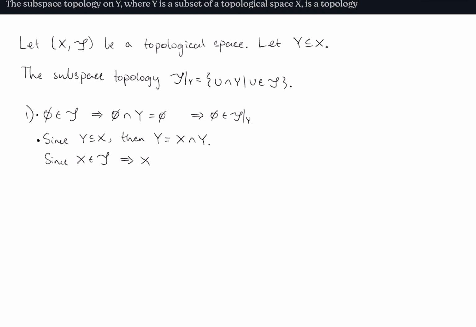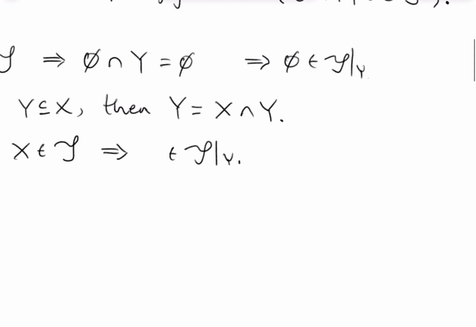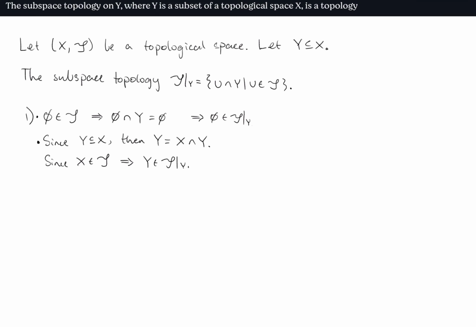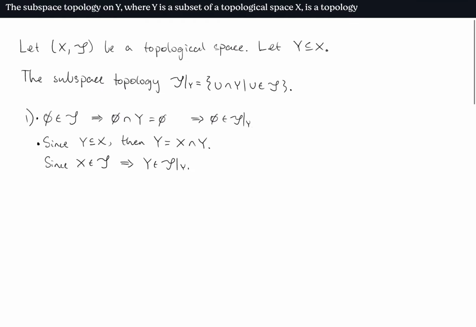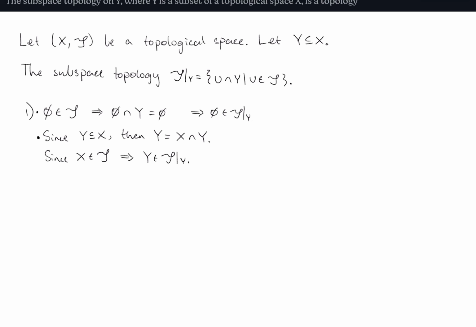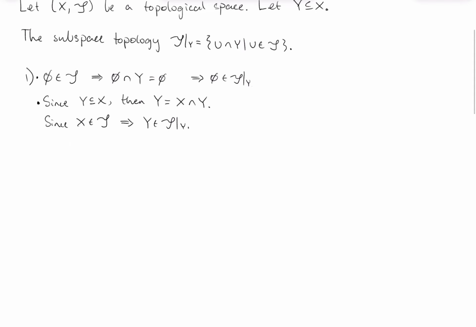So X, what do I write, is an element of the subspace topology. Oh, sorry, not X, Y. Good. So we've shown that both the empty set and Y itself are in the topology that we've defined here. So that's kind of the more trivial aspect of meeting these conditions.